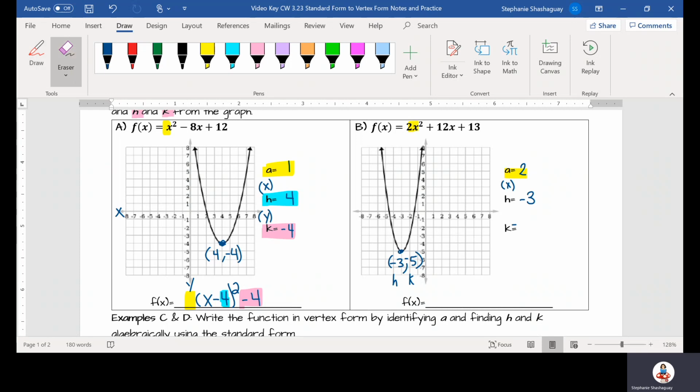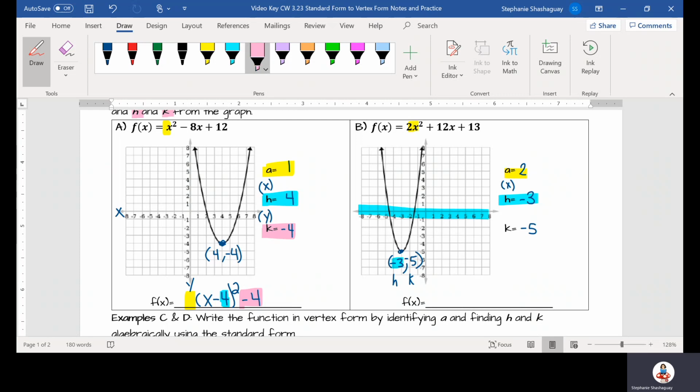Rewrite that a little bit better so you can see it. So my h is -3, because this is my x-axis. My k is -5, because this is my y-axis. Okay, so now I have to plug that in to write it in vertex form.